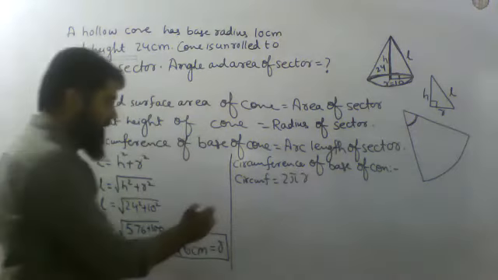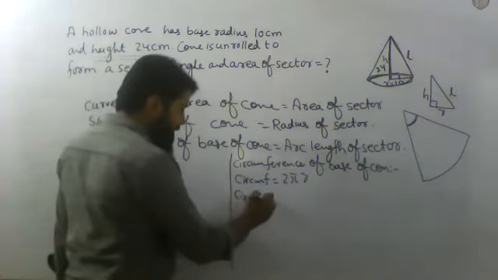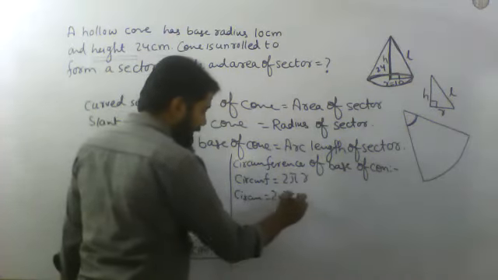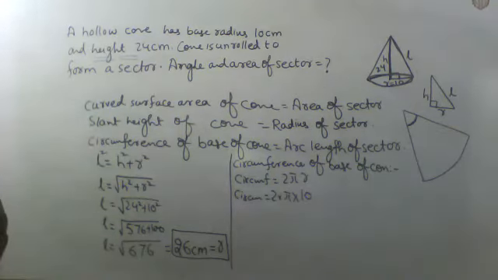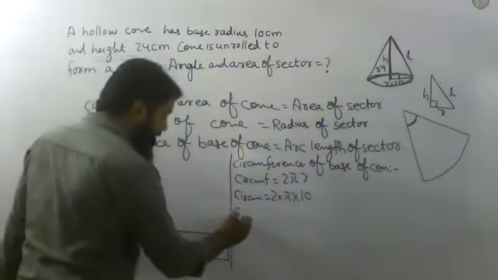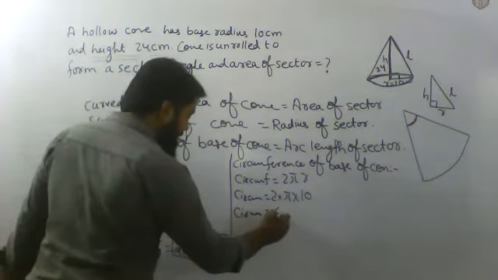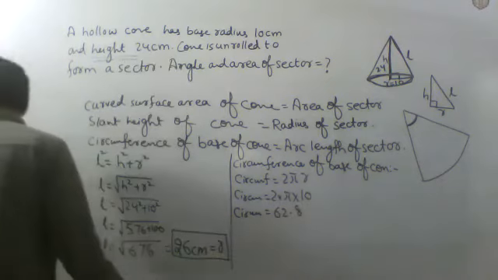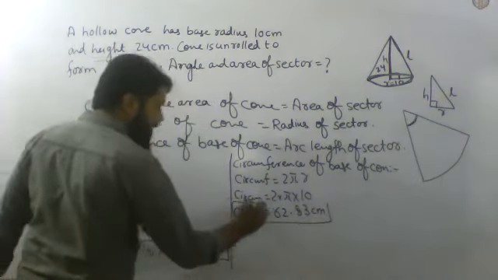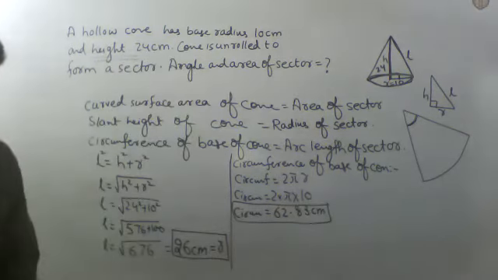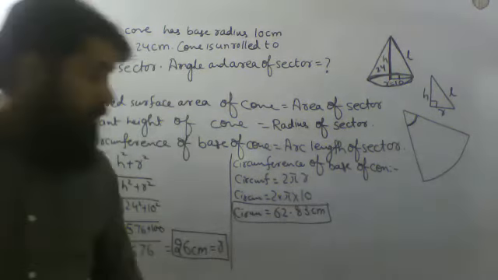So applying my formula, circumference 2 into pi into, in place of r, I am going to write 10 over here. So now I will simplify it. My circumference is coming 62.83 centimeter. And what I have told you, the circumference is the arc length of the sector.